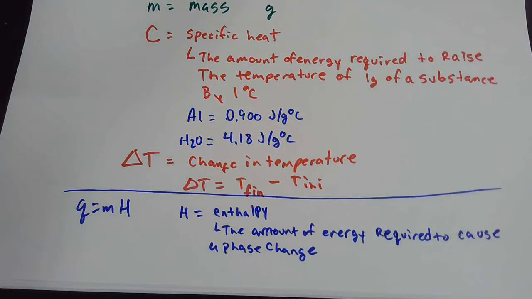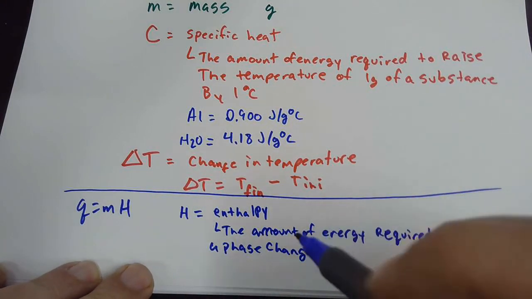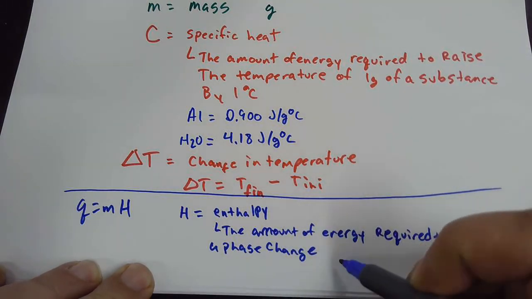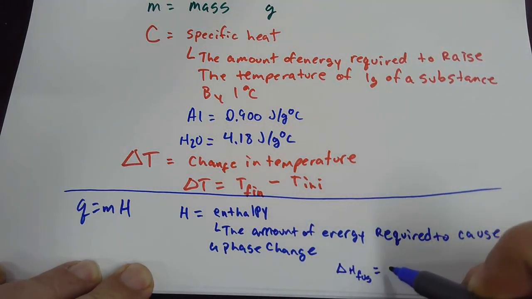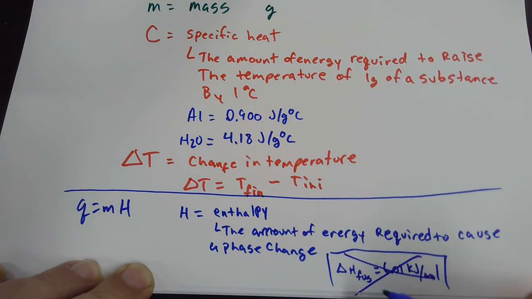If you remember, we call the phase change melting, we call that fusion. The reason why I didn't put any values in here is because we used to give the delta H of fusion as 6.01 kilojoules per mole. We don't do that anymore.